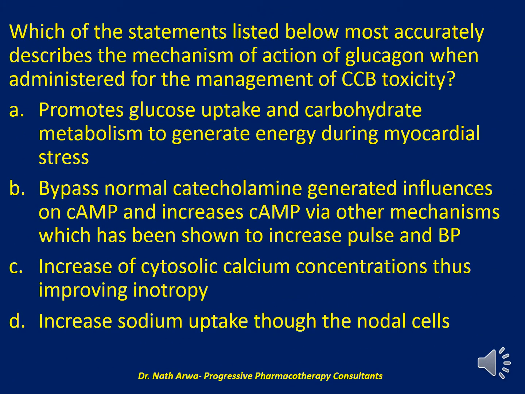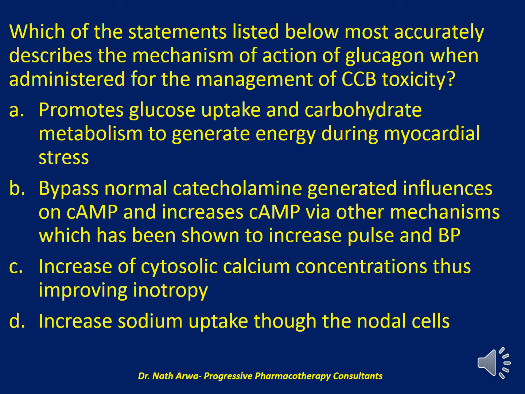It reads, which of the statements listed below most accurately describes the mechanism of action of glucagon when administered for the management of calcium channel blocker toxicity? Is it true that it promotes glucose uptake and carbohydrate metabolism to generate energy during myocardial stress, or does it bypass normal catecholamine generated influences on cyclic AMP and increase cyclic AMP via other mechanisms, which has been shown to increase pulse and blood pressure?